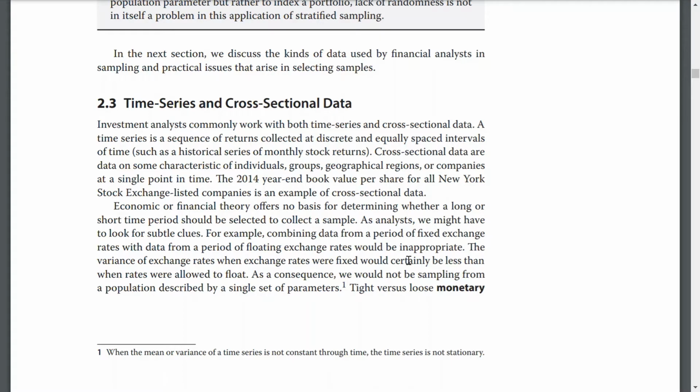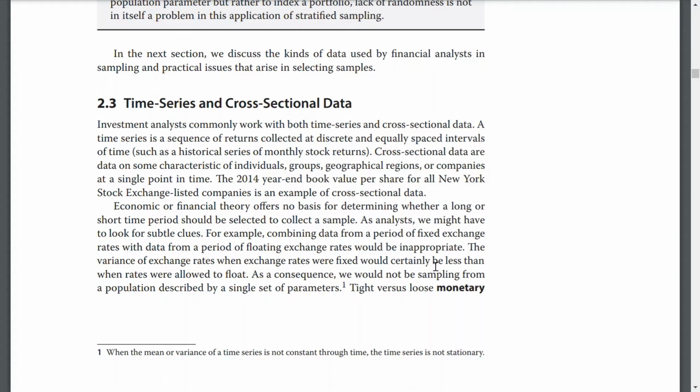Economic or financial theory offers no basis for determining whether a long or short period should be selected to collect a sample for analysis. As analysts, we might have to look for subtle clues. For example, combining data from a period of fixed exchange rates with data from a period of floating exchange rates will be inappropriate. The variance of exchange rates when rates were fixed would certainly be less than when rates were allowed to float.